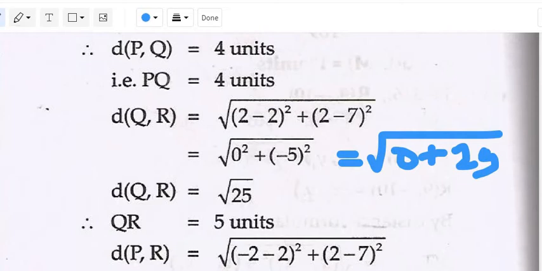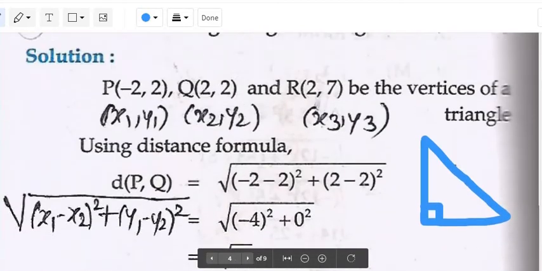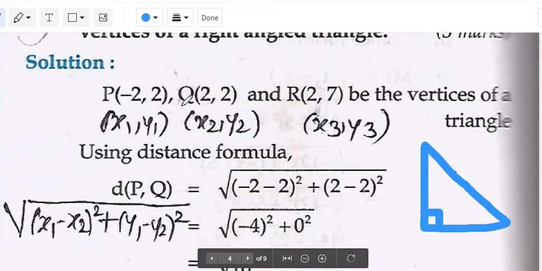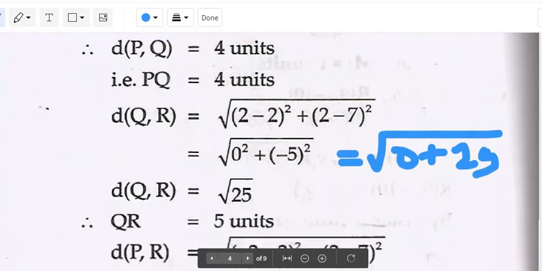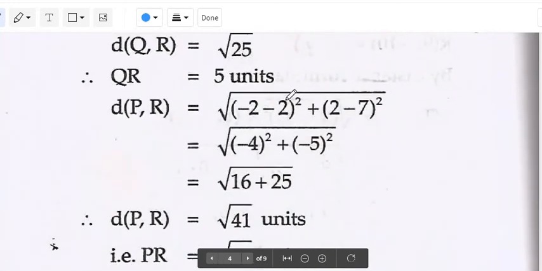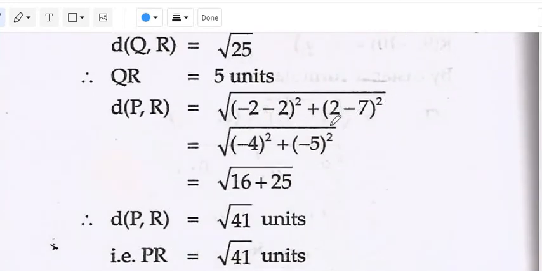Now see how to find out distance PR. That is minus 2 minus 2, x1 minus x3, the whole square plus (2 minus 7) the whole square, under root.